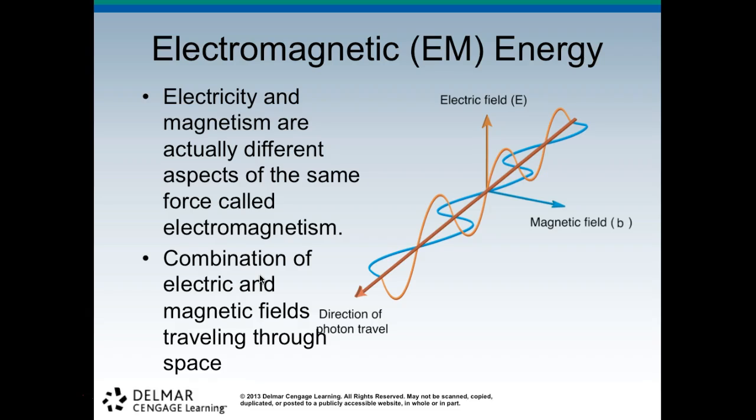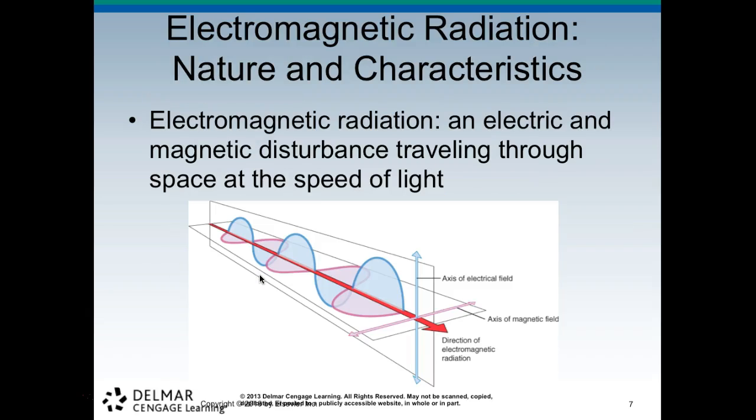So, talking about electromagnetism. Electricity and magnetism are actually different aspects of the same force called electromagnetism. So it's electricity and magnetism combined together, called electromagnetism. It's a combination of electric and magnetic fields traveling through space. So electromagnetic radiation is an electric and magnetic disturbance traveling through space at the speed of light.